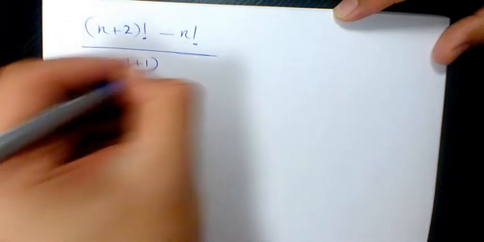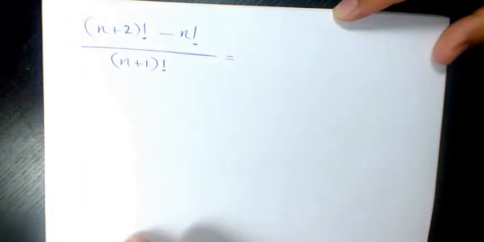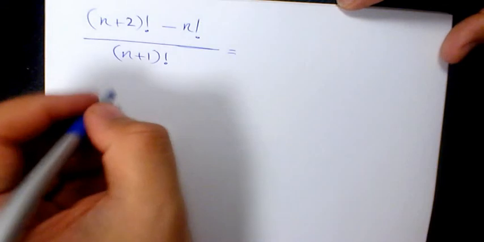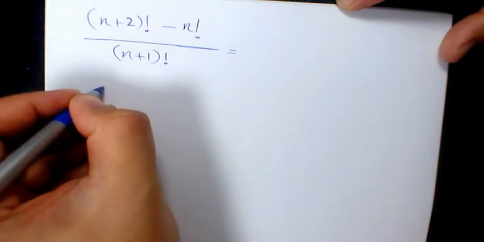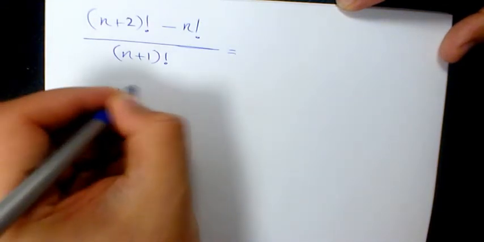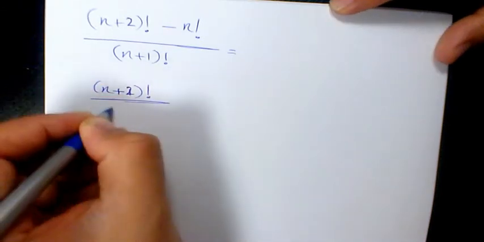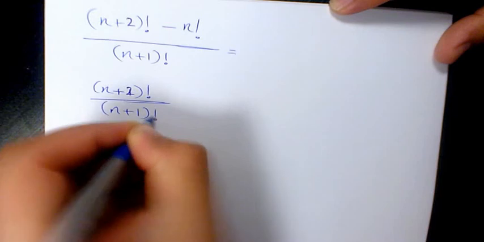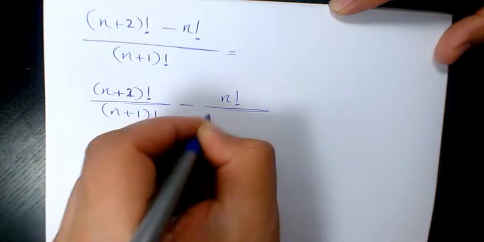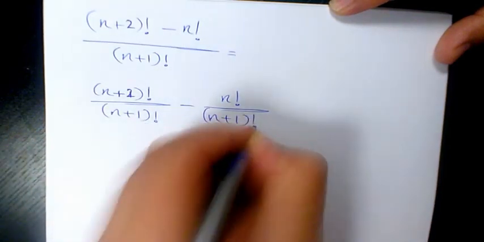Next example is n plus 2 factorial minus n factorial divided by n plus 1 factorial. So what you need to do, you write it as n plus 2 factorial divided by n plus 1 factorial minus n factorial over n plus 1 factorial.